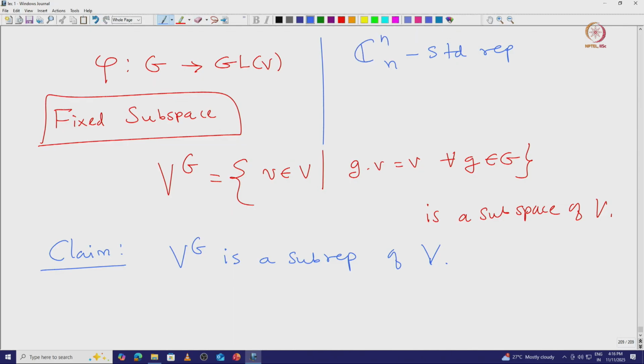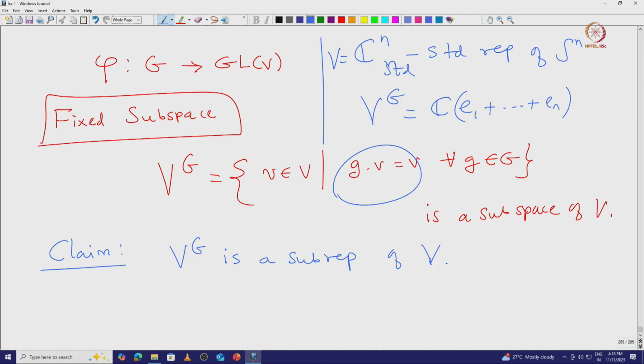There the Vg becomes the subspace spanned by E1 plus etcetera, because we want vectors that are fixed by all elements of G. It is easy to prove, maybe you can take it as an exercise, that in the standard representation this one dimensional subspace E1 plus etcetera En is nothing but the fixed subspace.